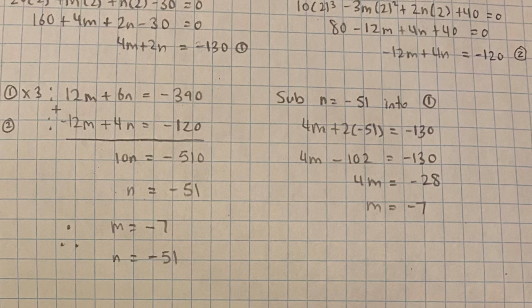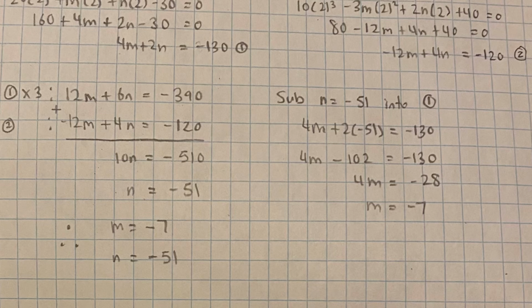Since the m value in the second equation is negative 12, we know that we also want the m value in the first equation to be 12. To do this, we will multiply the entire first equation by 3, leaving the second one as it is. This will give us 12m plus 6n equals negative 390 as our new first equation.